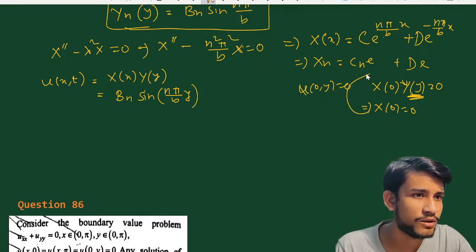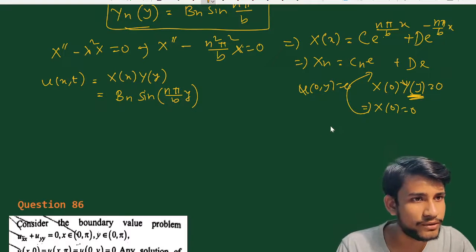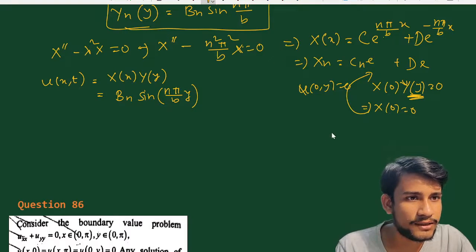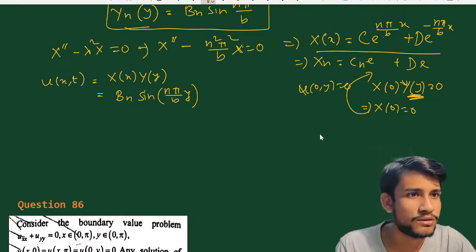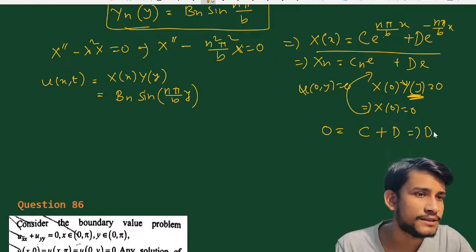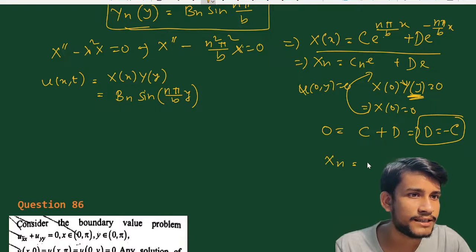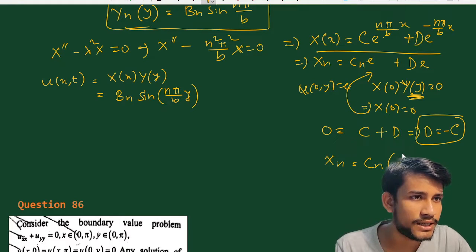Applying this here, 0 equal to c plus d, that means d equal to minus c. Therefore the solution xn is equal to cn into exponential n pi x by b minus exponential minus n pi x by b.